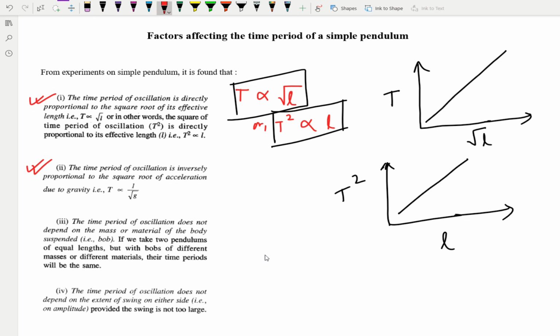The second factor is that the time period of oscillation is inversely proportional to the square root of acceleration due to gravity.